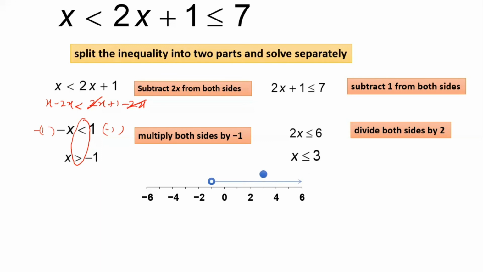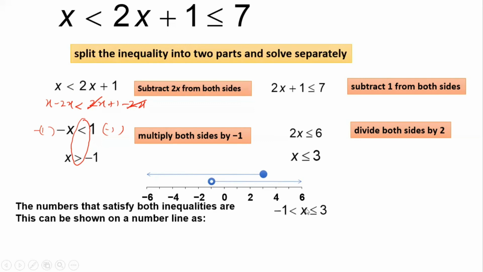We have shown these two inequalities on the same number line. We can write it as minus 1 is less than x, less than or equal to 3. And we have already learned in the previous slide how to represent this.